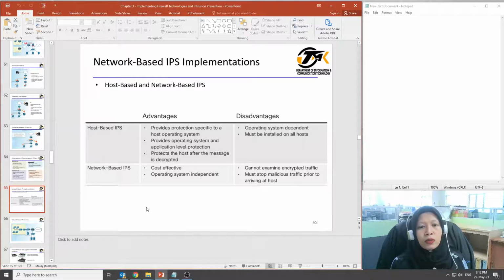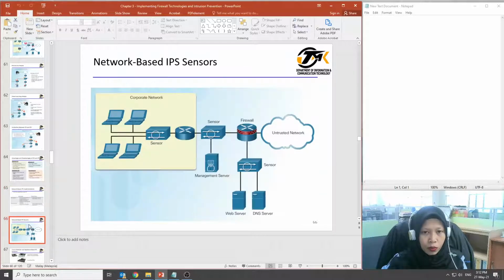So you should be able to provide specific protection for that specific operating system. It also provides application-level protection, up to the application, meaning the software installed, and protects the host after the message is decrypted. The disadvantage is that it is dependent on the operating system. Different operating systems will have different types of dependency for host-based. And it must be installed on all hosts.